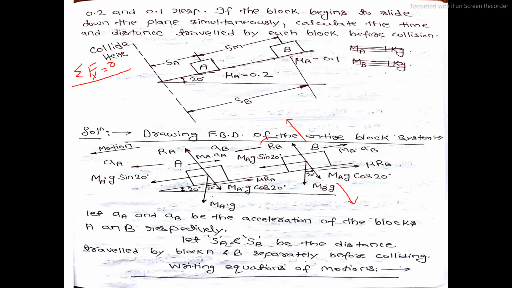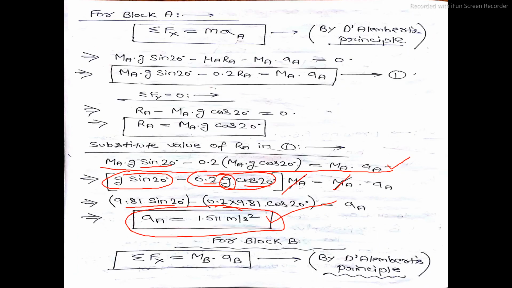So we will get RB acting in positive y direction minus mbg cos 20 acting in negative y direction. No other forces are present along y direction, so equal to 0. Finally you will get RB is equal to mbg cos 20.